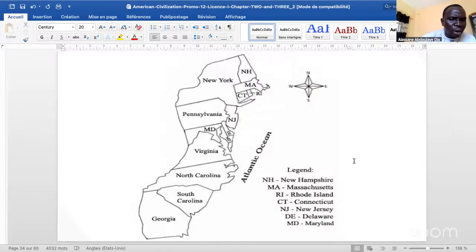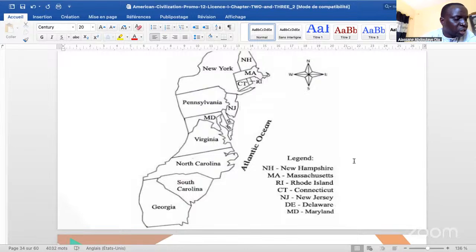All of them now have become a nation. And this nation is now 50 states, but in 1776, it was only 13 states. And the nation is going to begin. Here are the free 13 colonies.